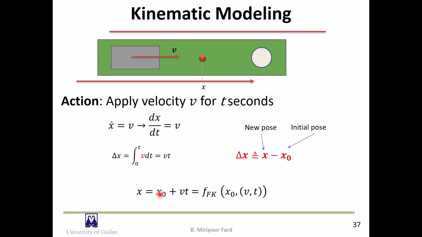Therefore, finally, the pose will be equal to x0 plus v times t. So the function f(k) that represents the forward kinematic model is obtained. It should be noted that f(k) is dependent on x0, action, which is denoted by v, and movement time. So given the initial position and action and the time duration, we can obtain the final pose of the robot.